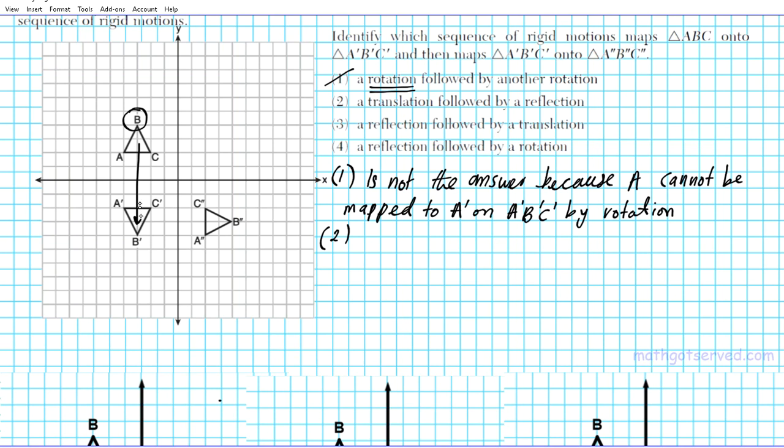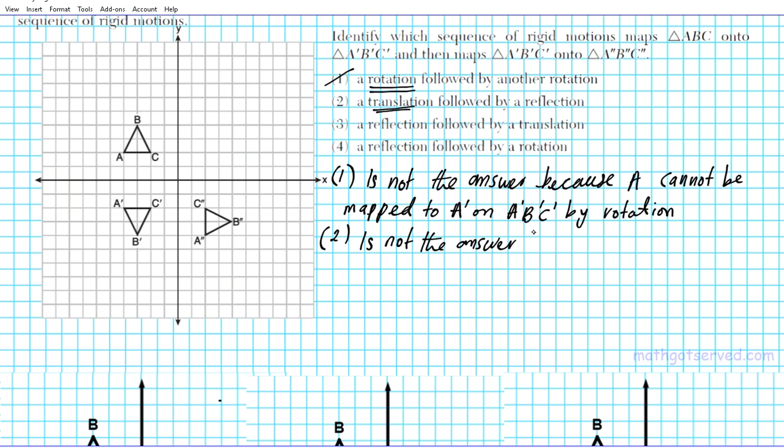It's impossible because B prime is at the bottom and B is at the top, and by translation only it's impossible to get those points to line up. So option 2 fails the first rigid motion transformation, so option 2 is not the answer. Why?